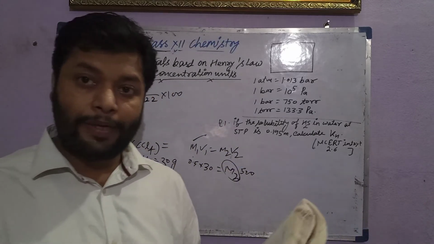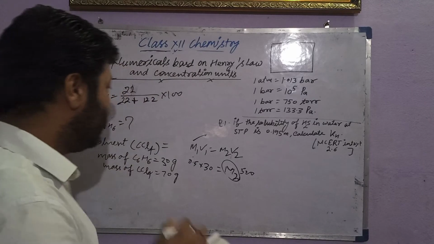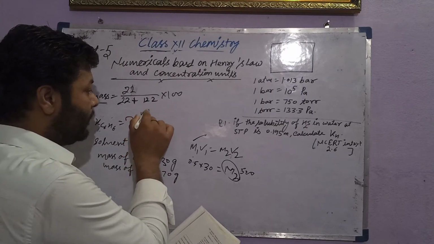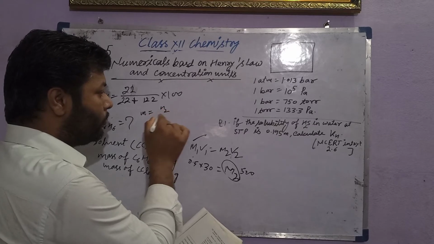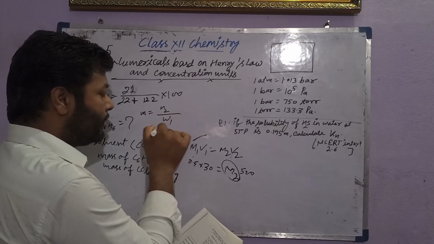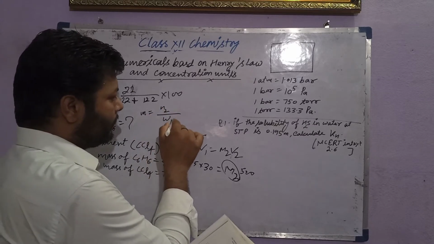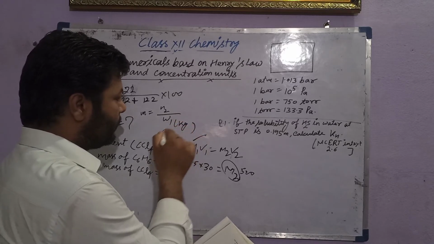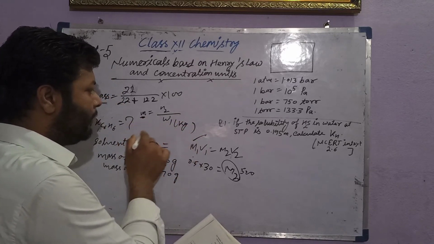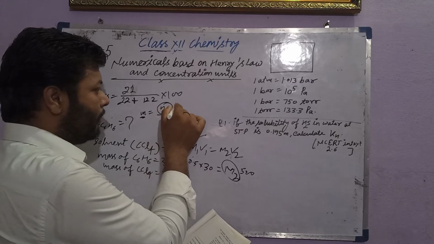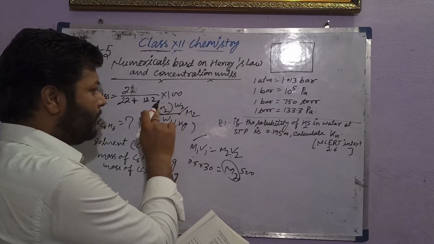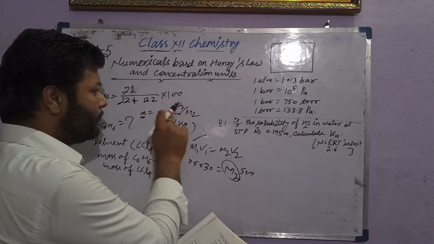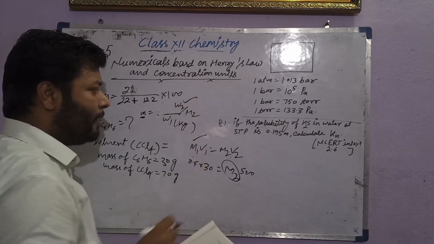The mass of solvent is given, 2.5 kg, and you know the formula: molality equal to moles of solute N2 upon mass of solvent W1 in kg. So molality is given, N2 means given mass upon molar mass, and you have to calculate the given mass.